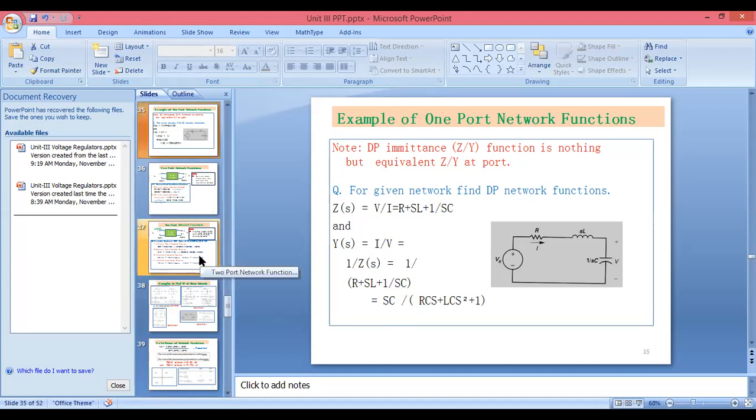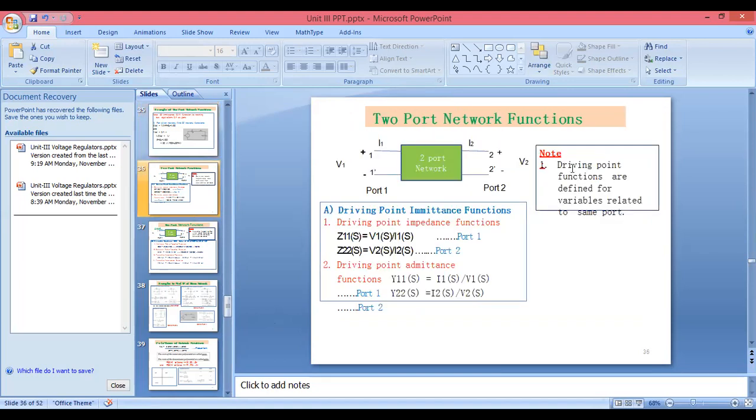We can see again some examples. Firstly, if we are supposed to calculate the driving point functions for the two-port network, if you see, this network is a two-port network. So now we are supposed to use the equations which we get for the impedance and the admittance in the two-port network, which we already studied in our previous session.